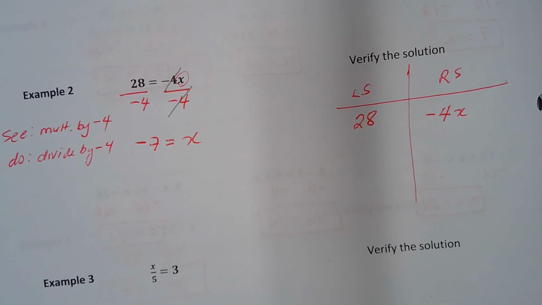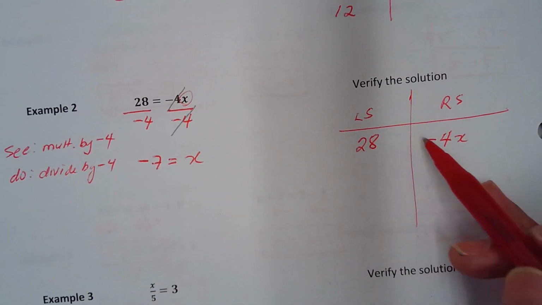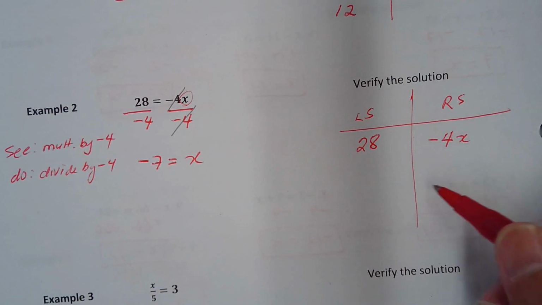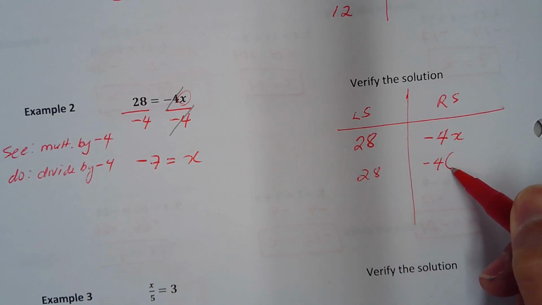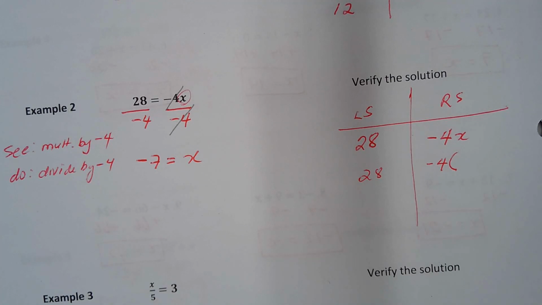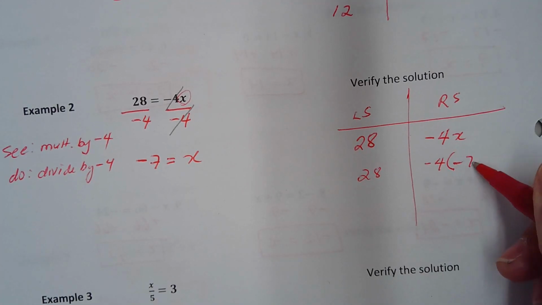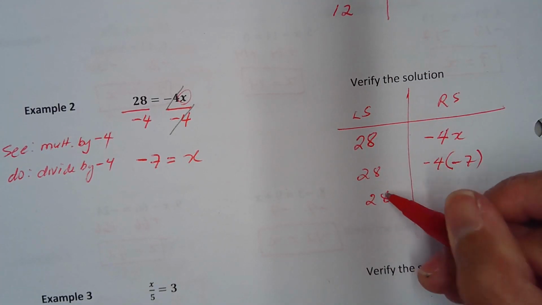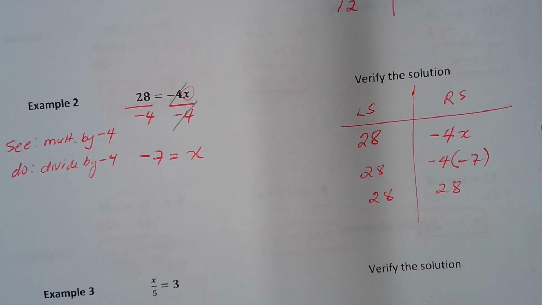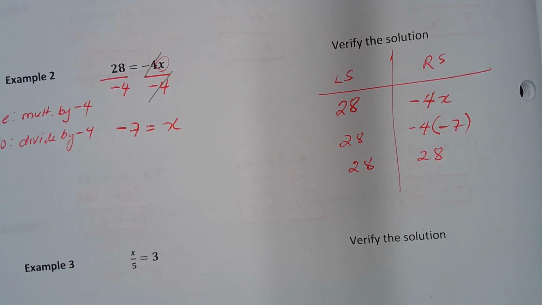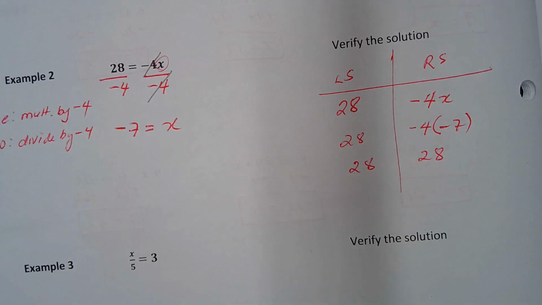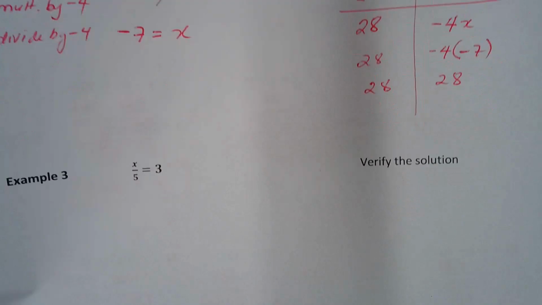You could, yeah, you could just do the equation. 28 equals to negative 4x, and then you go 28 and then negative 4 times negative 7. So that's 28 equals to 28. Yes? Is that how you did it? Yeah. Just as long as you show that the left side is equivalent to the right side. Okay? Good?